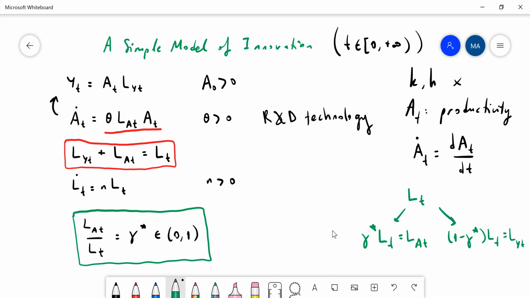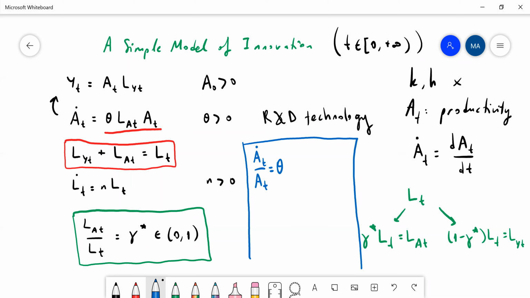So let me use this area to show you the growth. Okay. Now, the growth rate of technology is defined in this way, right? Theta L_A(t). So what is L_A(t) equal to? Well, it is equal to gamma star L(t).